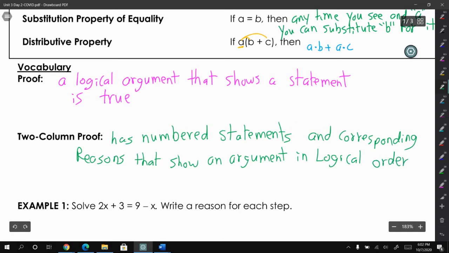Remember the other day when we had those machines where one thing led to another and that led to another? That's kind of like what this two-column proof is, where we have a statement and then that statement leads to another statement, and our thinking follows those statements. So this will make more sense as we see them, but basically we're going to have two columns and we're going to have a statement and then why is that statement true in the other column.